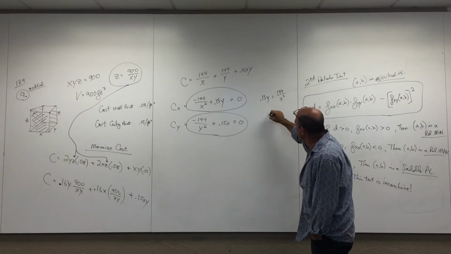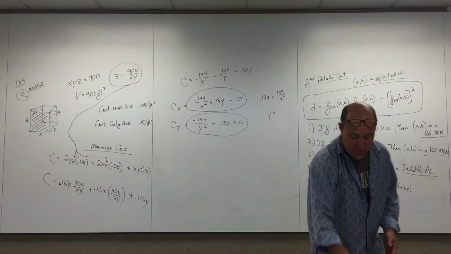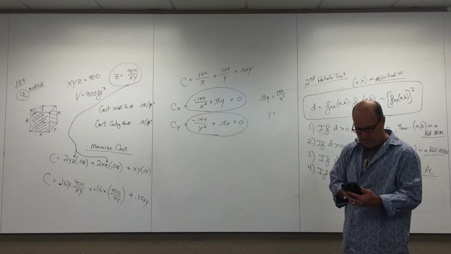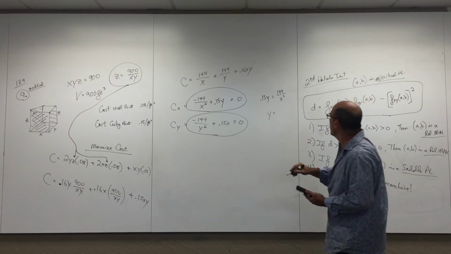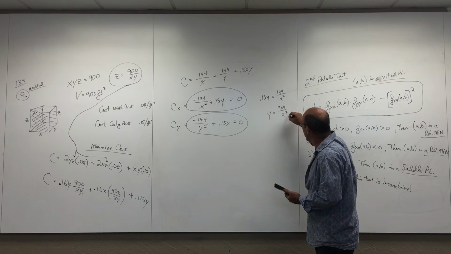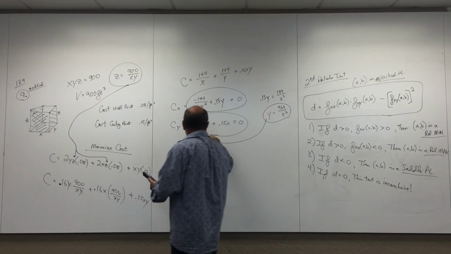I'll divide by 0.15, so y is 144 divided by 0.15, which is 960 over x squared. That's y. What should I do with that y? I guess I should plug it in for this y.